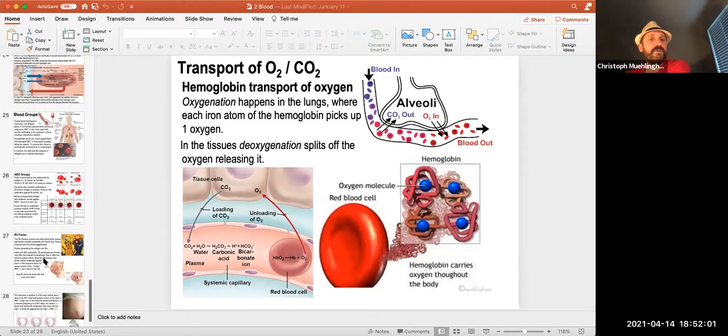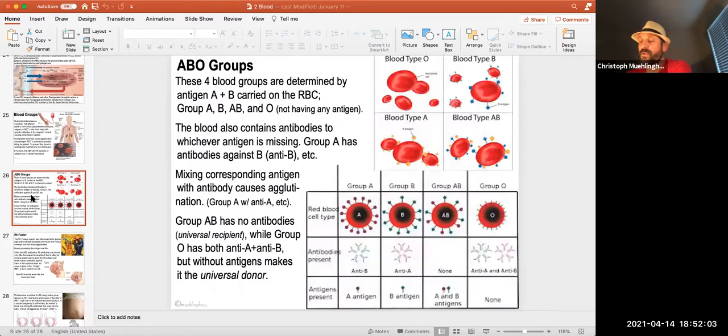And then we get to the good old blood groups. And I'm interested in you understanding the ABO system. We have a different blood type, and the reason we need a blood type is that we have antigenic markers on our own cells.